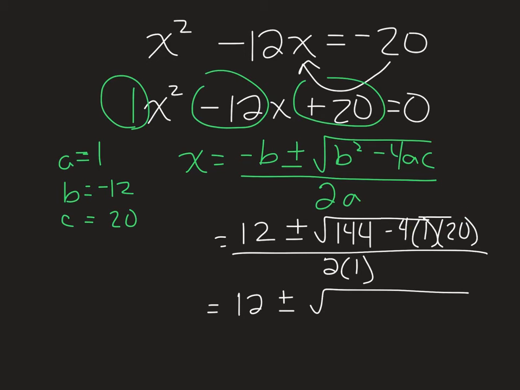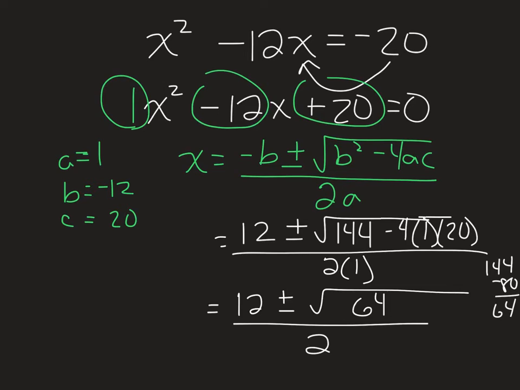I'm going to write it over to the side so you can see. This will be 144 minus 80. That's 64. So up under this radical is 64, all over 2, because 2 times 1 is 2. Now, do we know what the square root of 64 is? Yep, we do. The square root of 64 is 8.